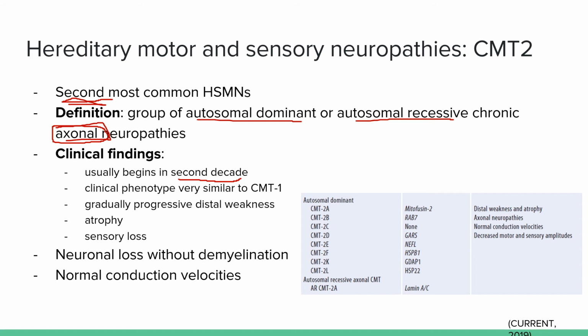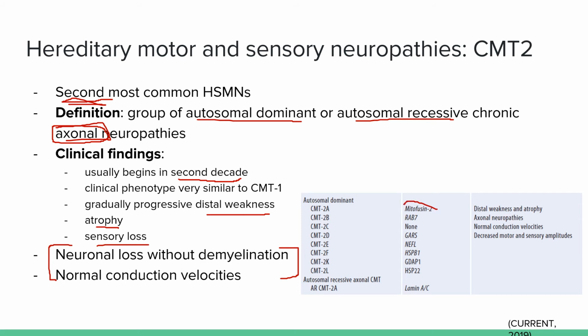There is gradual progressive distal weakness, sensory loss in the extremities, and atrophy of the muscles. There is neuronal loss without demyelination, and the conduction velocities are normal. This helps us differentiate between type 1 and type 2.